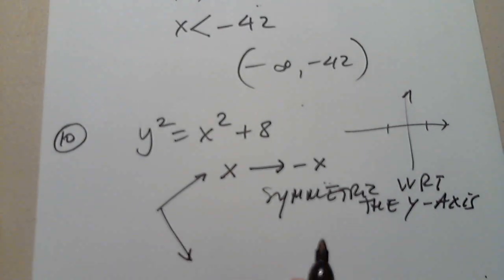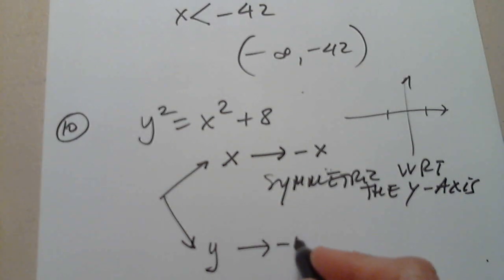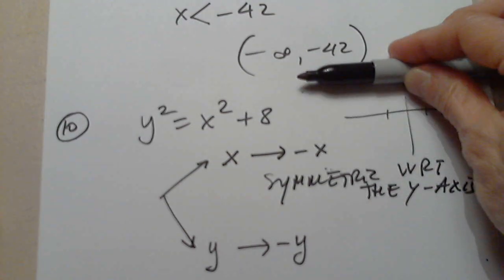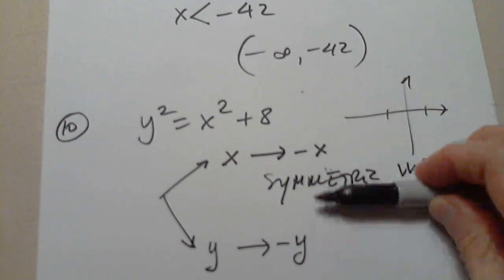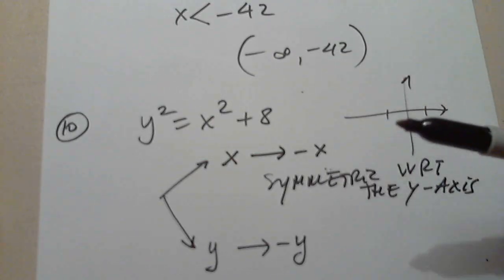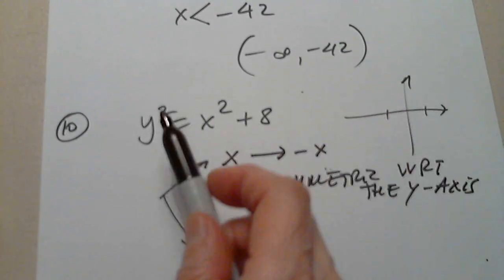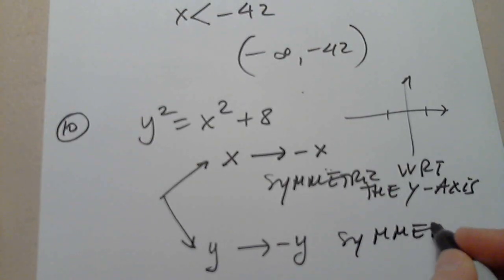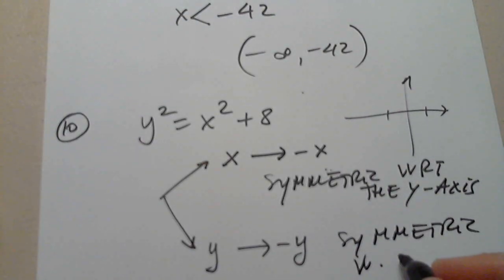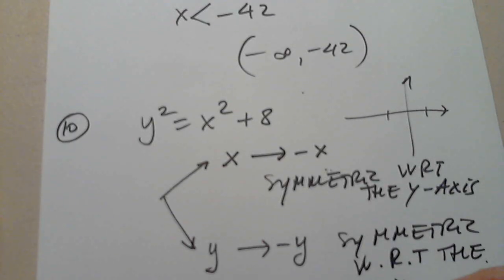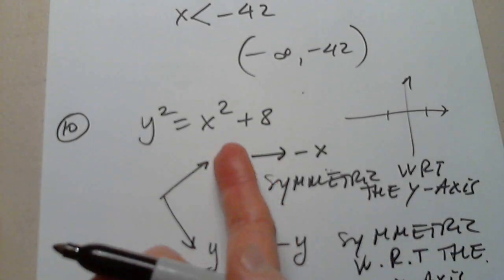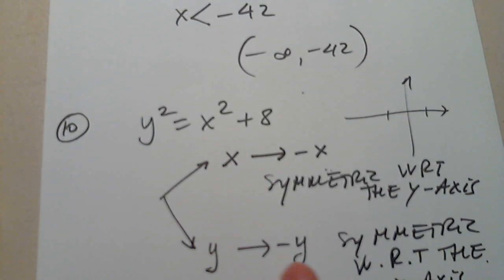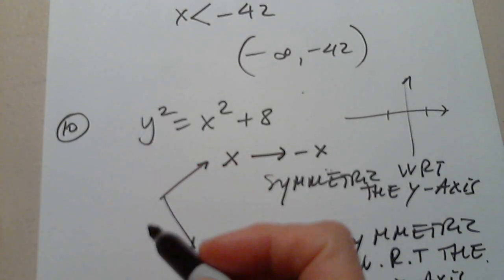Second option, when I replace y by negative y, symmetric with respect to the x-axis. Yes, it's true. Nothing happens. y squared or negative y squared is the same thing.